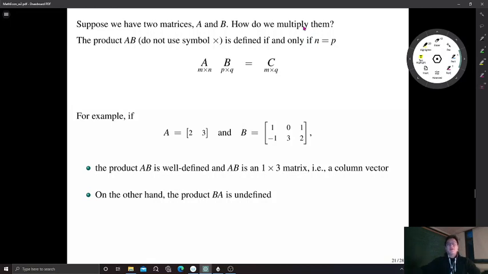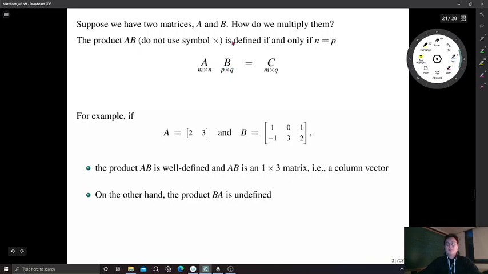And similarly, the product A times B, where we do not use the X symbol, is defined under a certain conformability condition. That is, if we have two matrices A and B, where A is m by n matrix and B is p by q matrix.